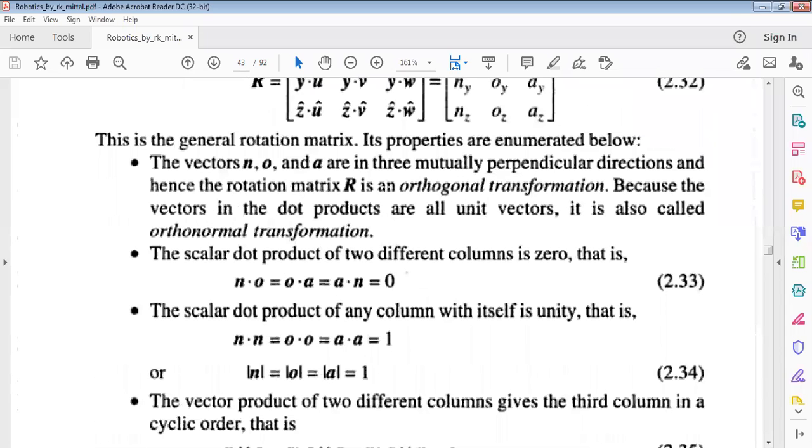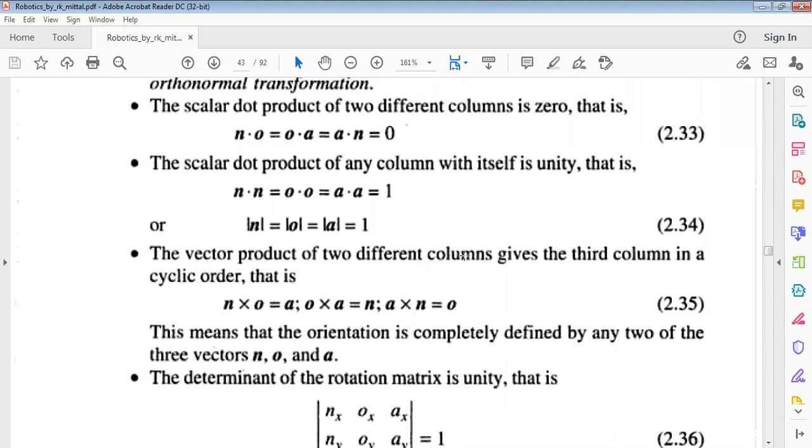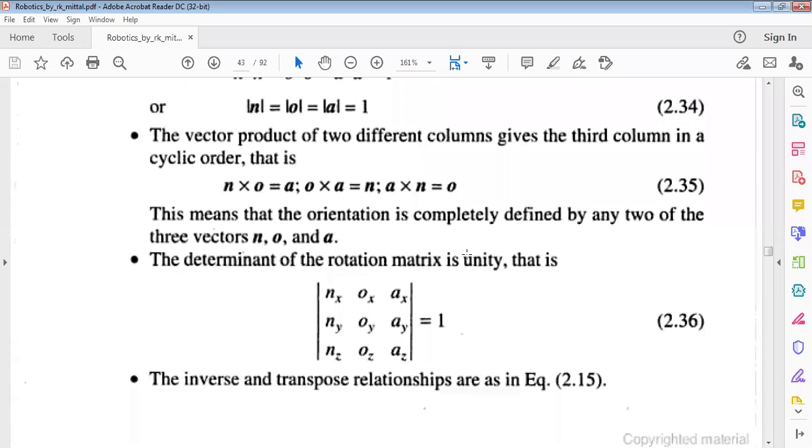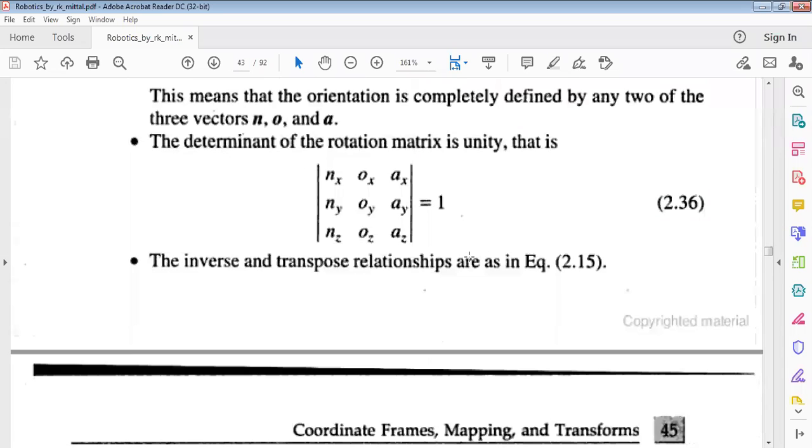More importantly, in this lecture I discussed the properties of the vectors of the end effector. These properties are very, very important. You have to remember them.